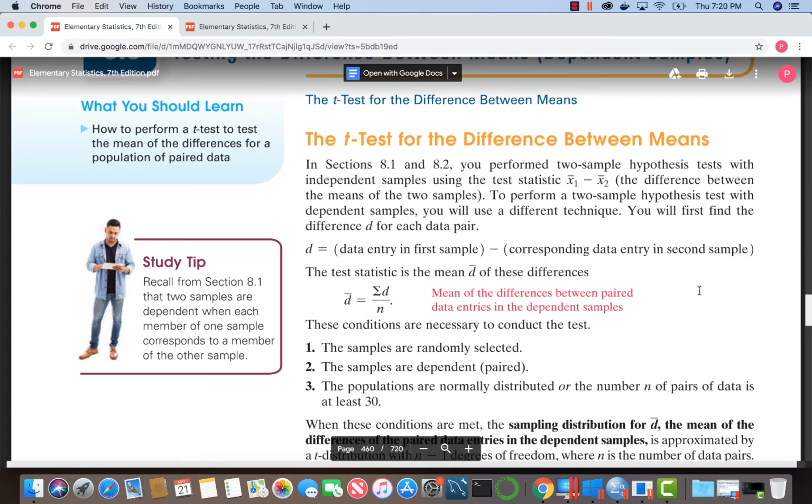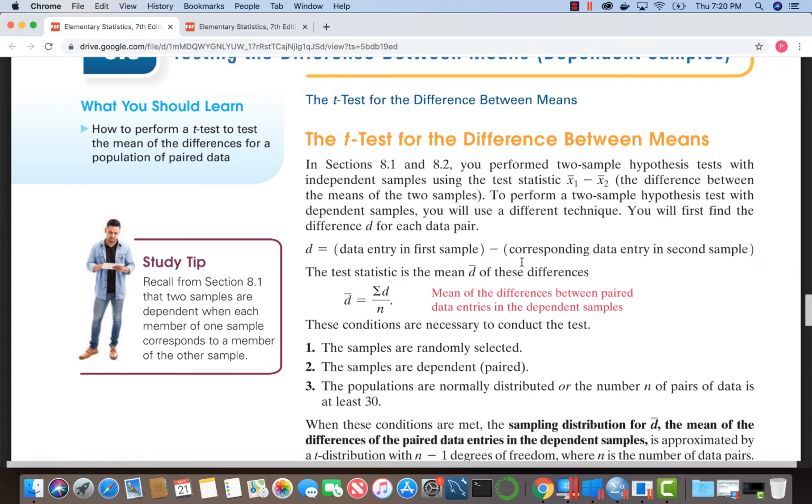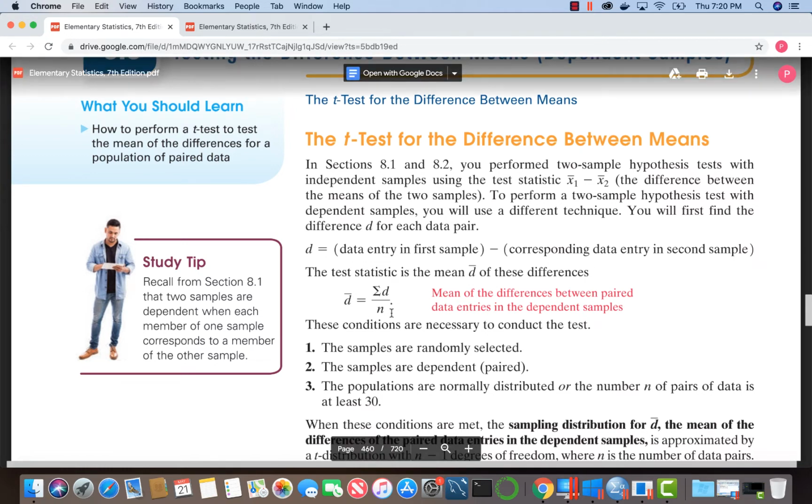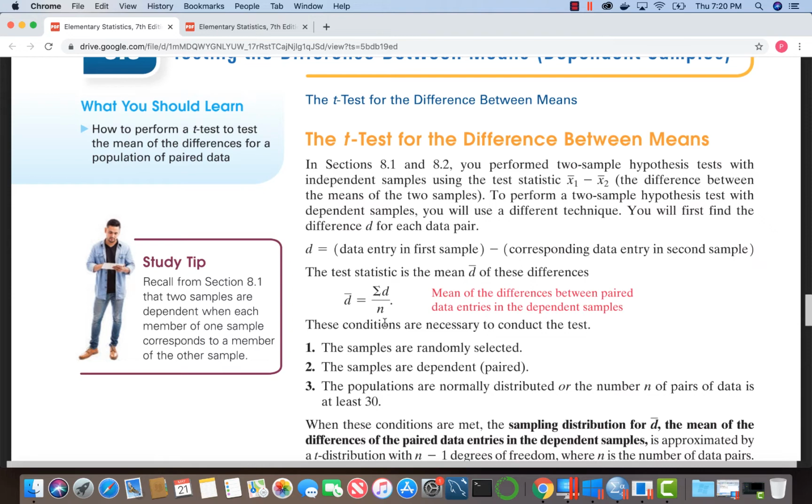So you could think of this as a before and after case. We take the difference between the two measurements for each subject in the test. Then we take the average, d bar.